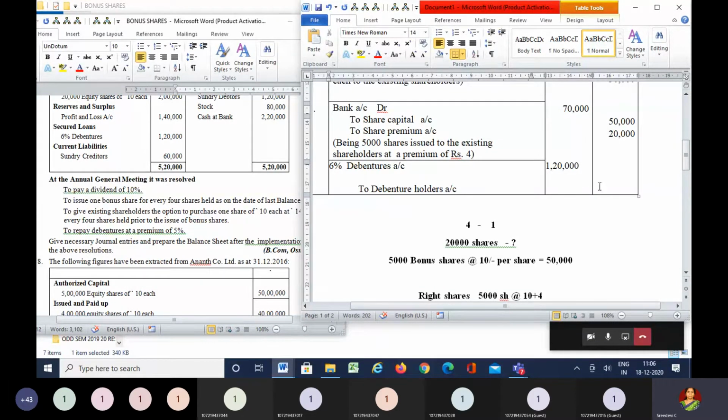And here we are going to transfer to that particular account 1,20,000, but as it is to be carried at a premium of 5%. So in case you are going to calculate this 5% premium on the face value of these debentures, can anyone tell me what will be the amount of the premium?